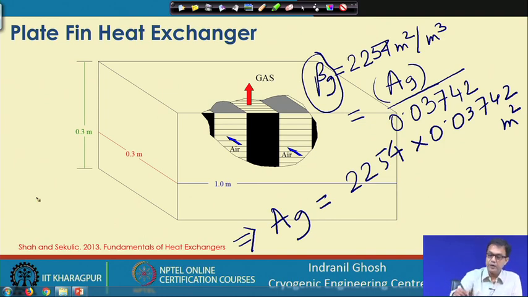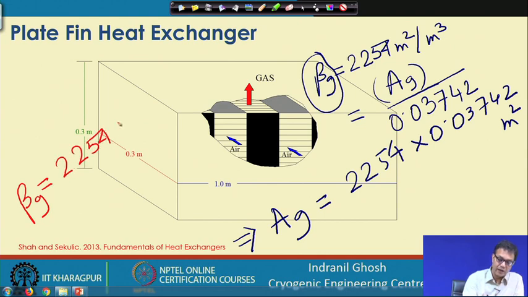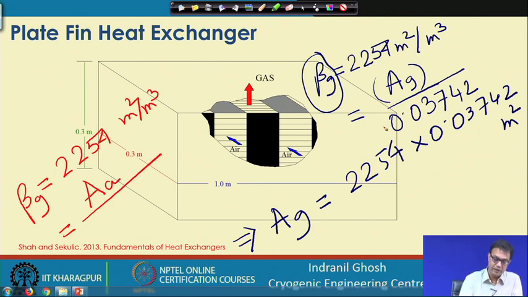Now, similarly, for the air side, we can write the same type of relation. It is again 2254 meter square per meter cube, and that is equal to A of the air side divided by the volume between the plates that we have calculated, which is slightly different for this one, this is 0.03765.